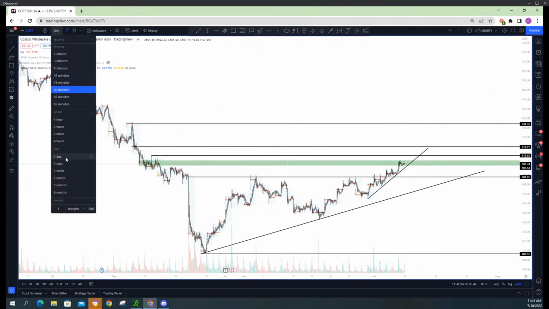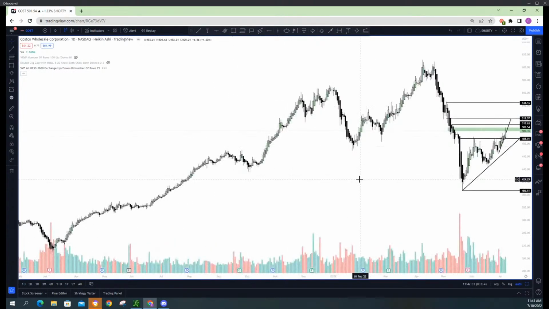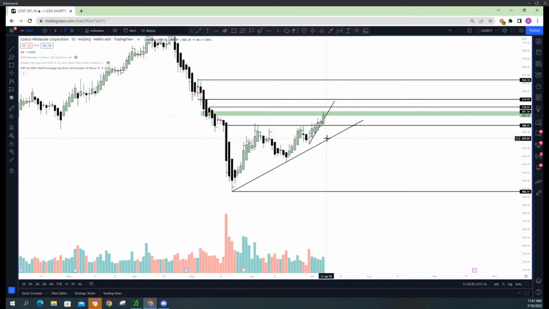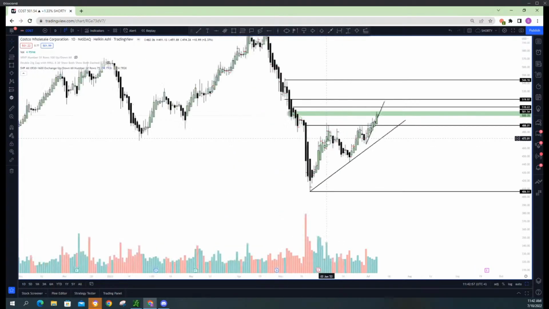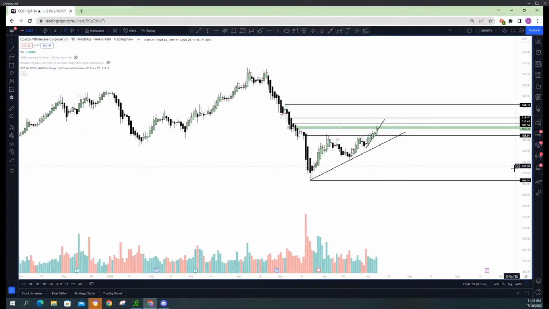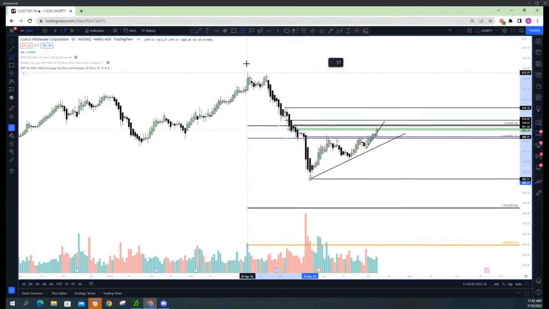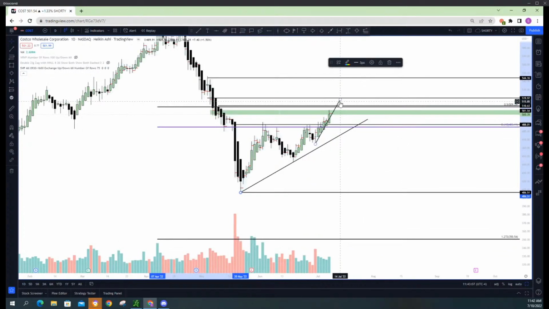And if you look at, for instance, daily, to me, this still looks like a bear flag. And look what lines up right there at 50%. 509 with that lower high.